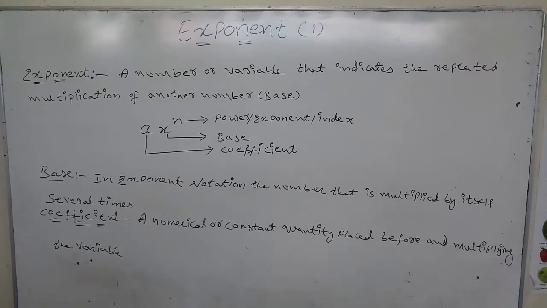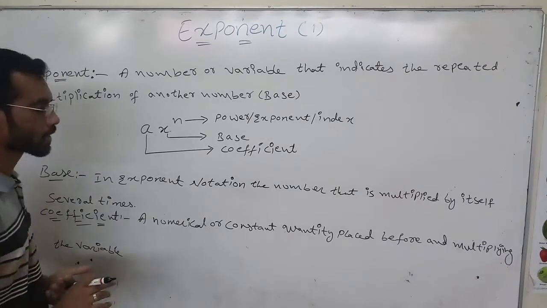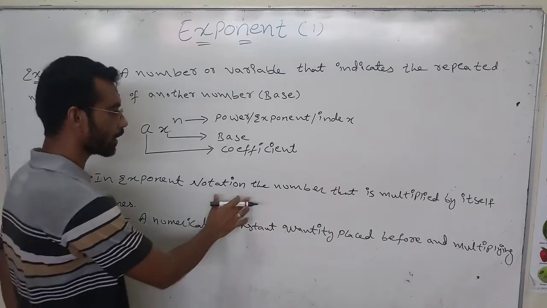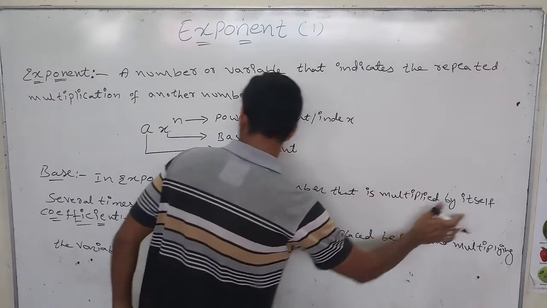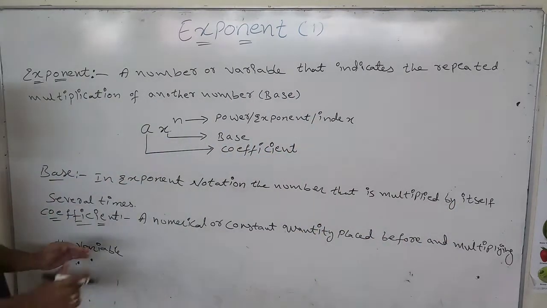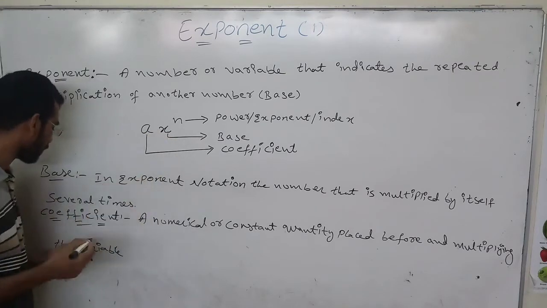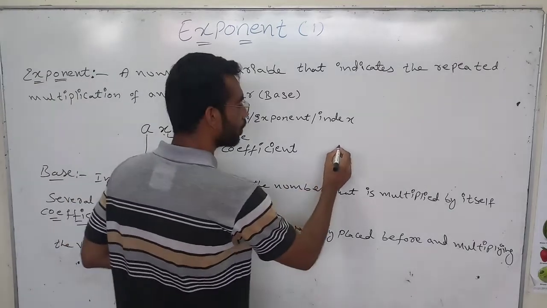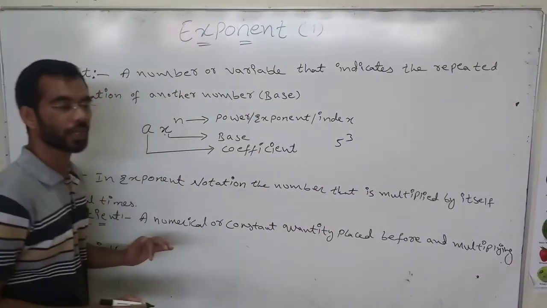Then what is base and what is coefficient? In exponent notation, the number which is getting multiplied by itself several times is called the base. See here, for example, 5 power of 3, 5 is the base.